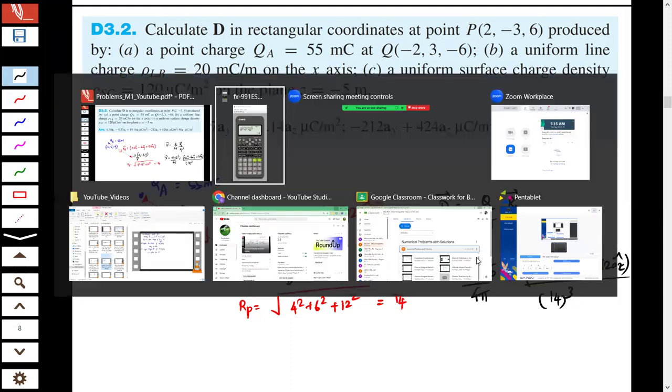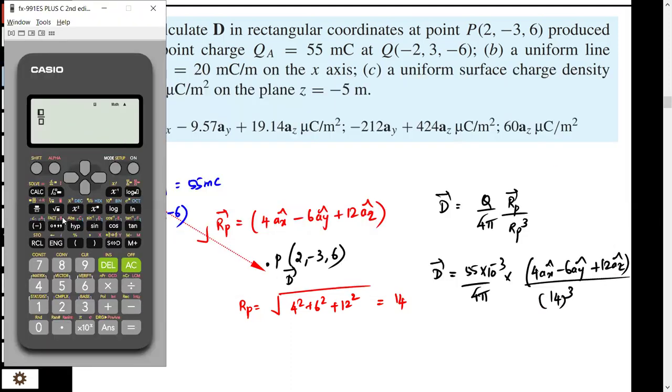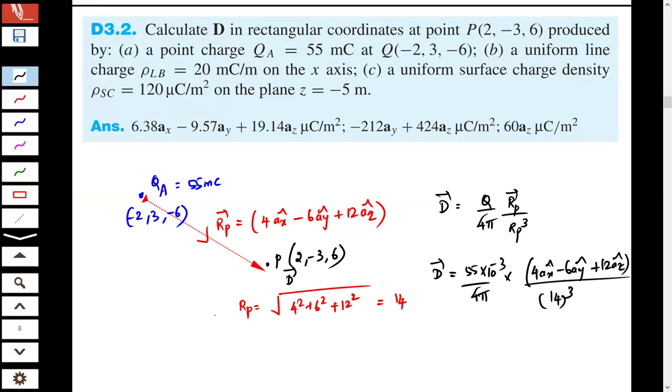So we can do that in the calculator. 55 milli divided by 4 into pi into 14 cube. This has to be multiplied with 4 for the x component, which is 6.38 micro. So I will be getting vector D as 6.38 ax cap, and the entire thing I will write in 10 power minus 6.